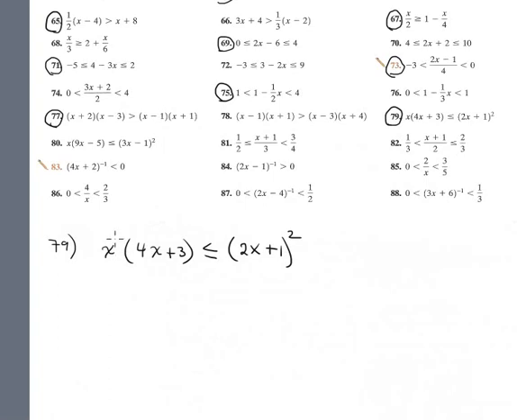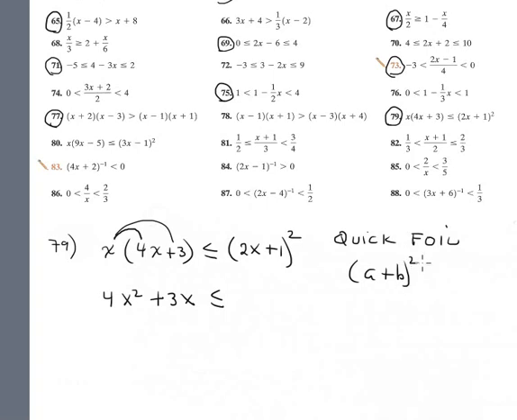Okay, 79 is similar. Okay, you apply this derivative property here. It's 4x squared plus 3x less than or equal, and you expand here using the square of a binomial. Remember guys, a plus b squared is a squared plus twice ab plus b squared.